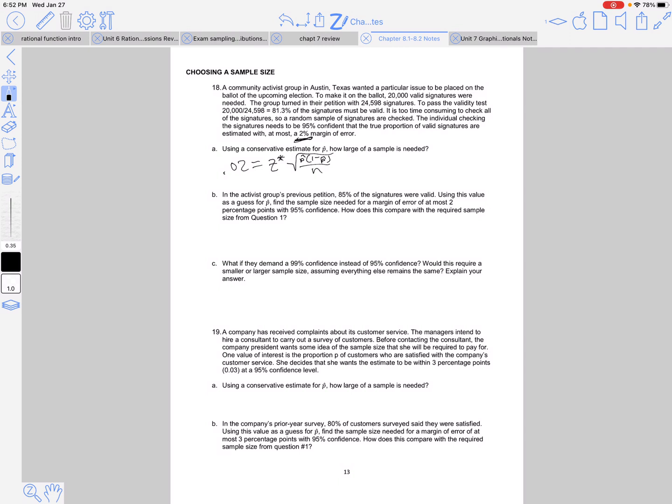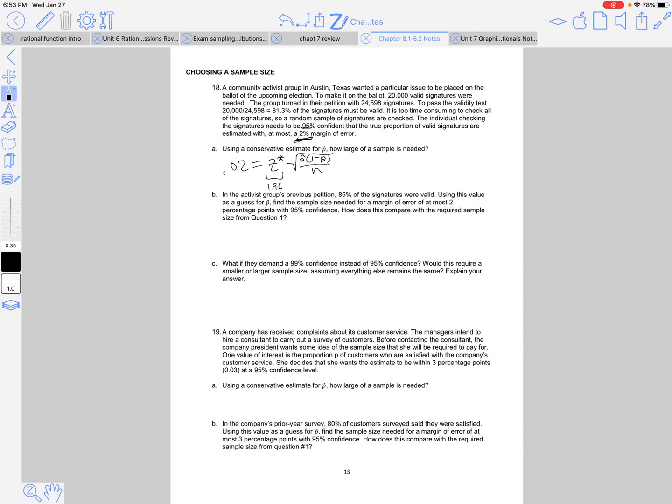So it says use a conservative estimate. Our z-score for 95% is going to be 1.96. Now, our p-hat, we don't have.